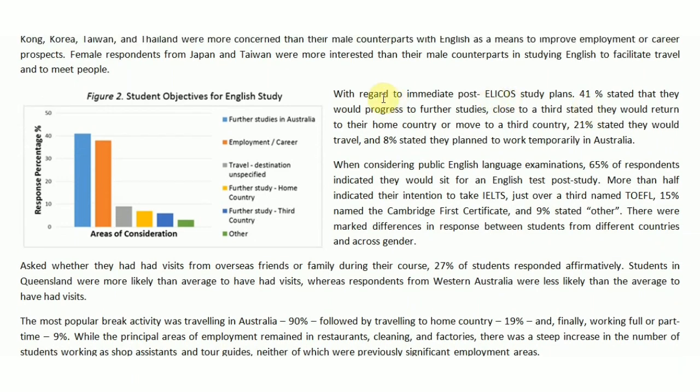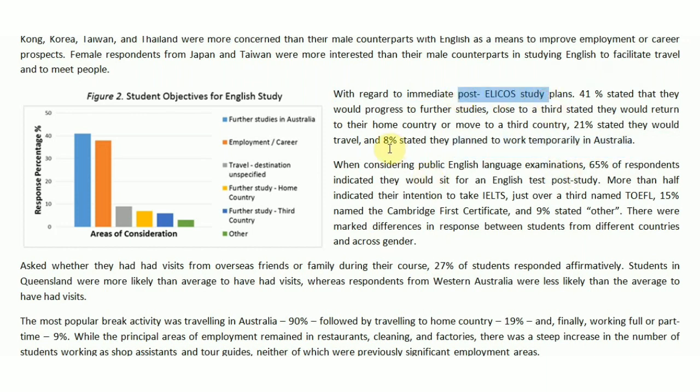Like here it is. With regard to immediate post Alico's study plans. So they are talking about after Alico's study, which means post Alico's study plans. So 41% stated this, and then close to a third stated this, and then 21% stated this, 8% this. What they have stated is that they plan to work temporarily in Australia. So they were looking for short-term employment in Australia after Alico's study.